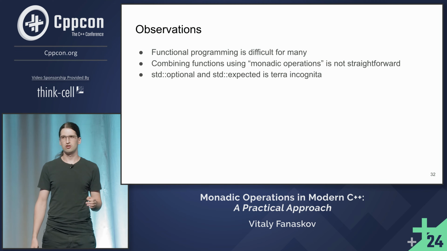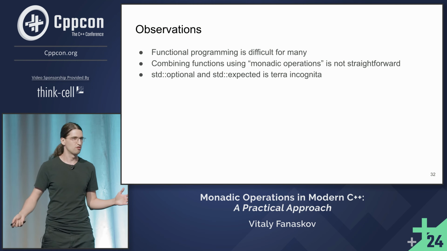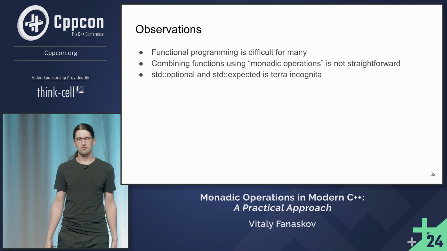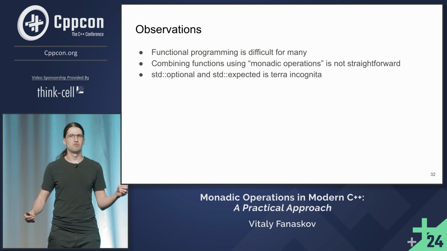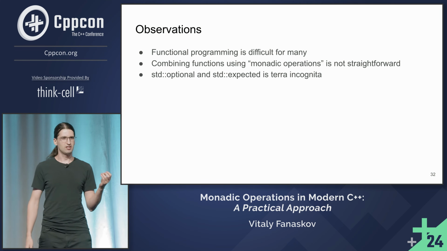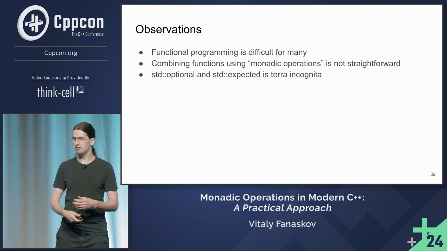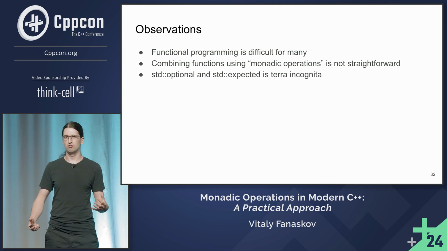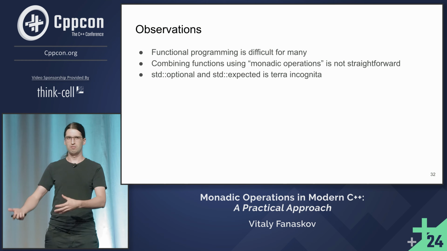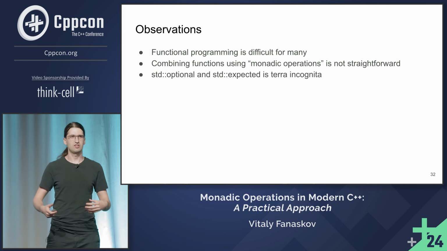And even if we are not talking about functional programming itself, like pure functional programming, if you name it this way, even if you're talking about monadic operations or just function composing, or even if we start talking about expected or optional, it's terra incognita for many. You should have this assumption in mind when you return to your company from this talk and start to share, start to talk about monadics and so on.